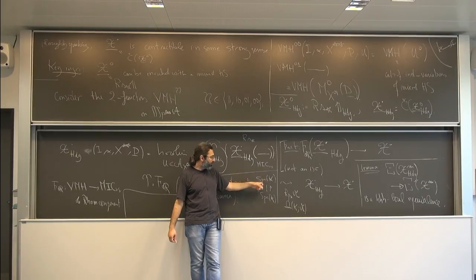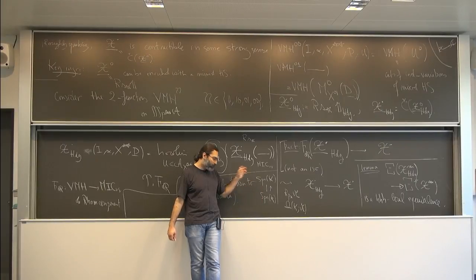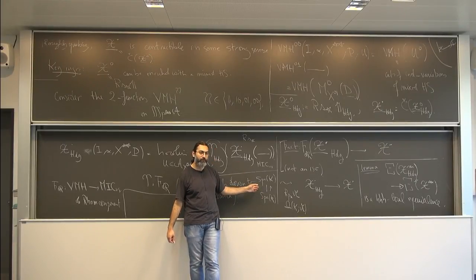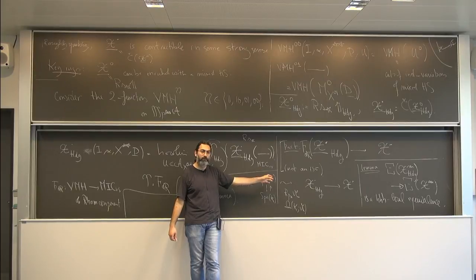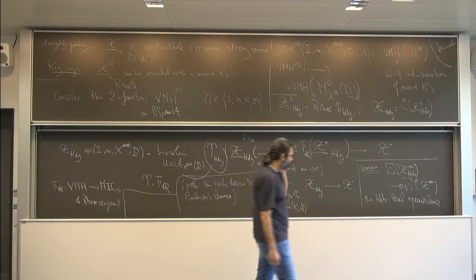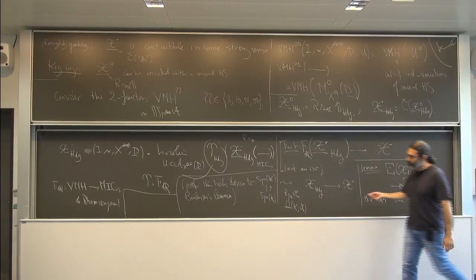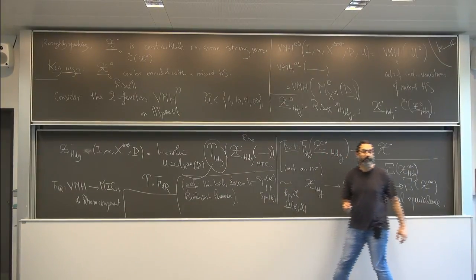You can compute direct image in two ways, so they will give you a priori two different mixed Hodge structures over the point. And Beilinson tells us that these two things are the same, and moreover, they are compatible with the forgetful functor. So this is what's behind this, and of course, you have to go locally in order to apply this kind of fact.